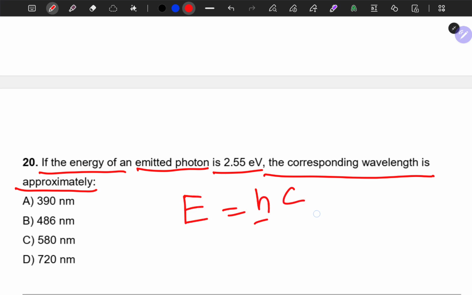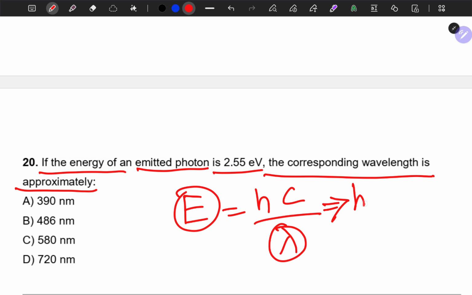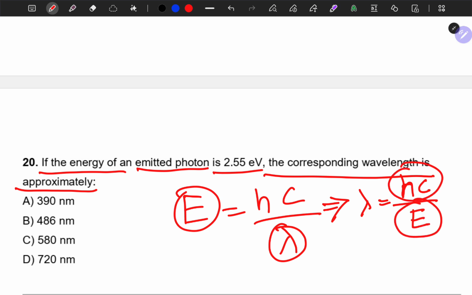Switching over these values, lambda is equal to hc by E. So just put the values of E and one can easily find out the h and c values. They are already constants. So these approximated values can be easily calculated, and here you will find that it is 486 nanometer. The correct option is option number B.